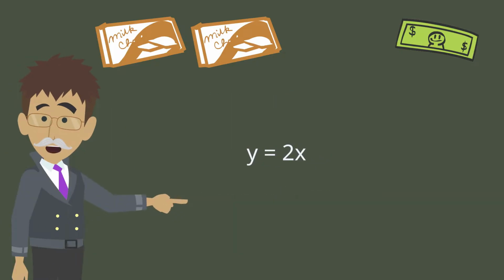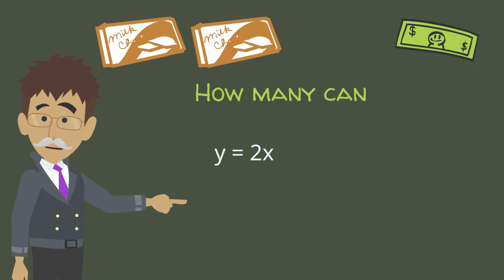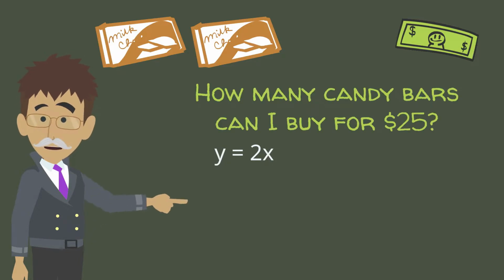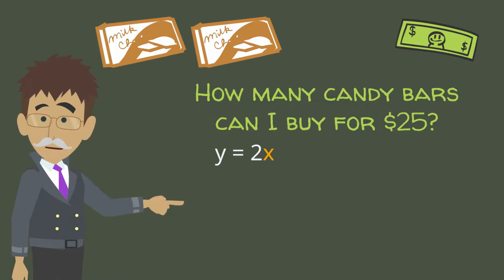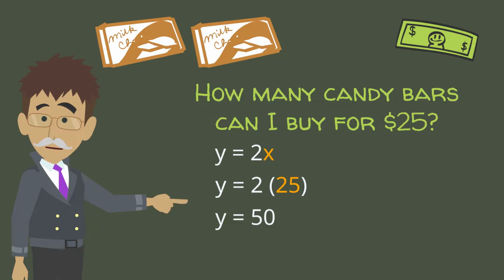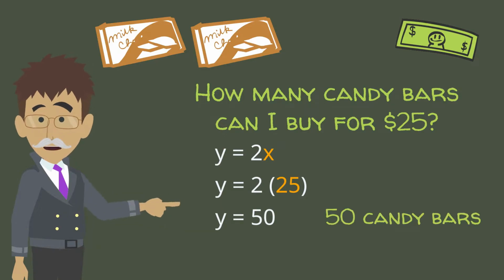If I want to calculate the number of candy bars I can buy with $25, I substitute 25 for x, then solve the equation. y equals 2 times 25, or y equals 50. For $25, I can purchase 50 candy bars.